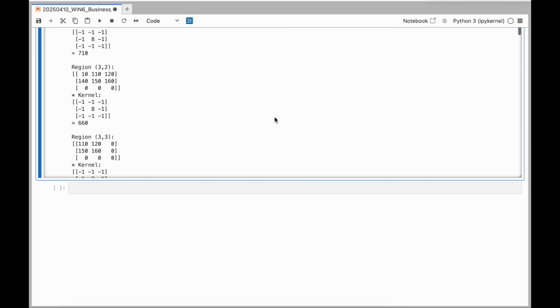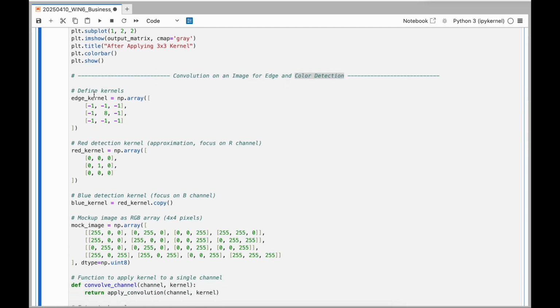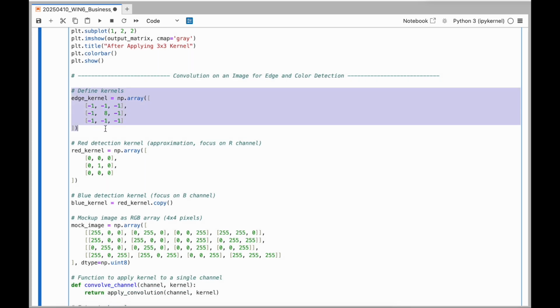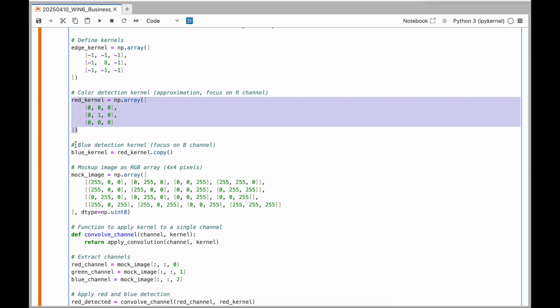So in order to do that, we define our color detection kernel. This is not only for red; we focus it on the red, but it's the same for the blue.